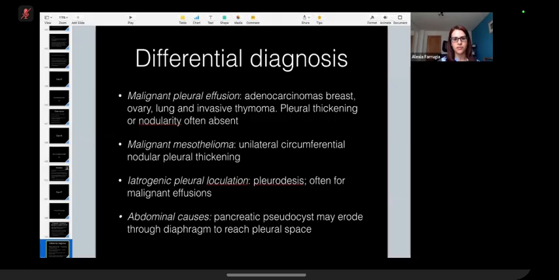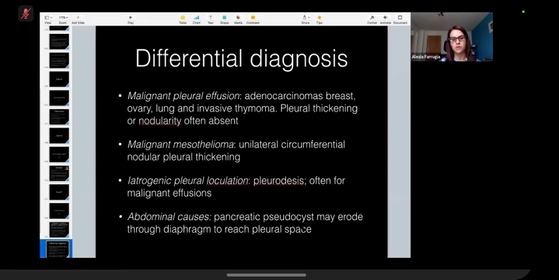So the differential diagnosis would include malignant pleural effusion, malignant mesothelioma, of course, because of that irregularity of the pleura. Iatrogenic pleural loculation in cases with pleurodesis, for example, or abdominal causes.